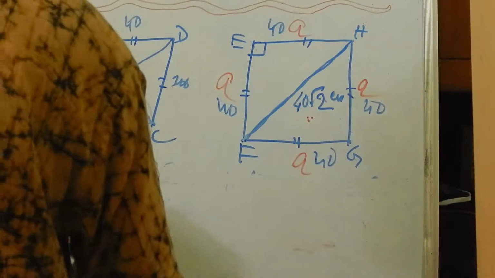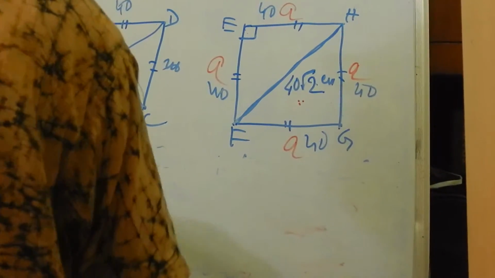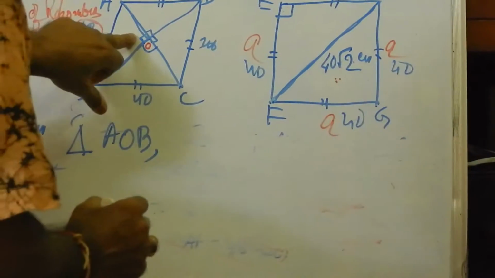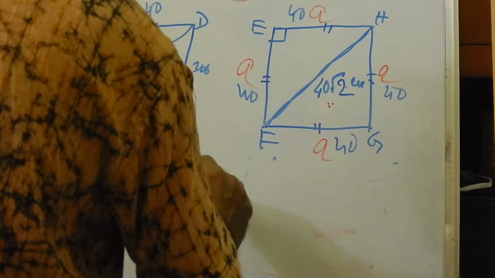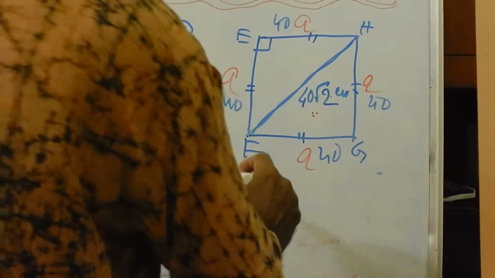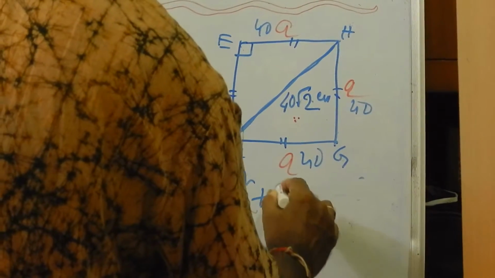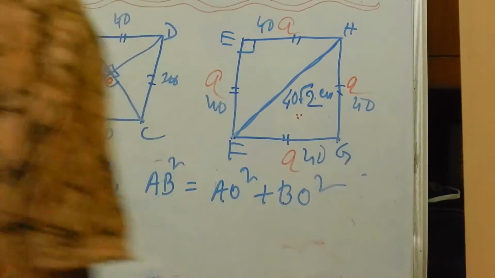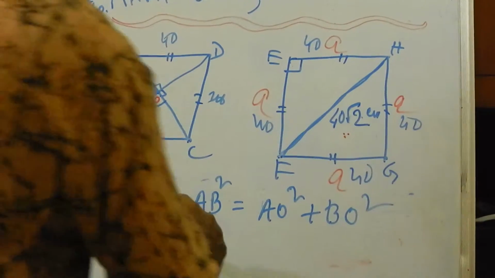Pythagoras theorem from triangle AOB. This is right angle, so AB is the hypotenuse. AB square equal to BO square plus AO square.